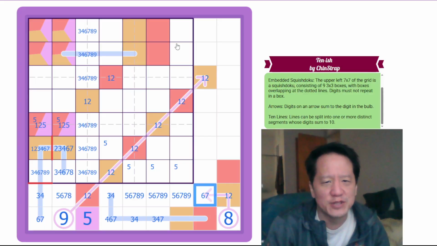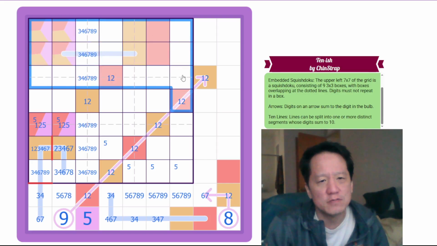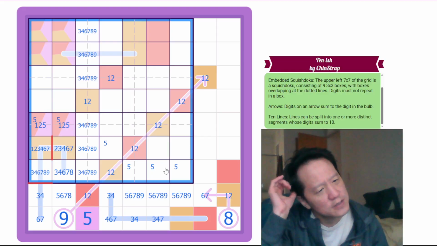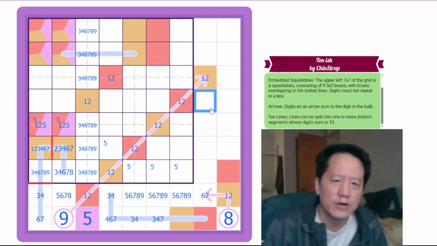I do remember something along the lines of you had 5 of each digit at most, I think, in the Squish Doku. You could never have 6. And therefore you had 2 that were always outside, right?